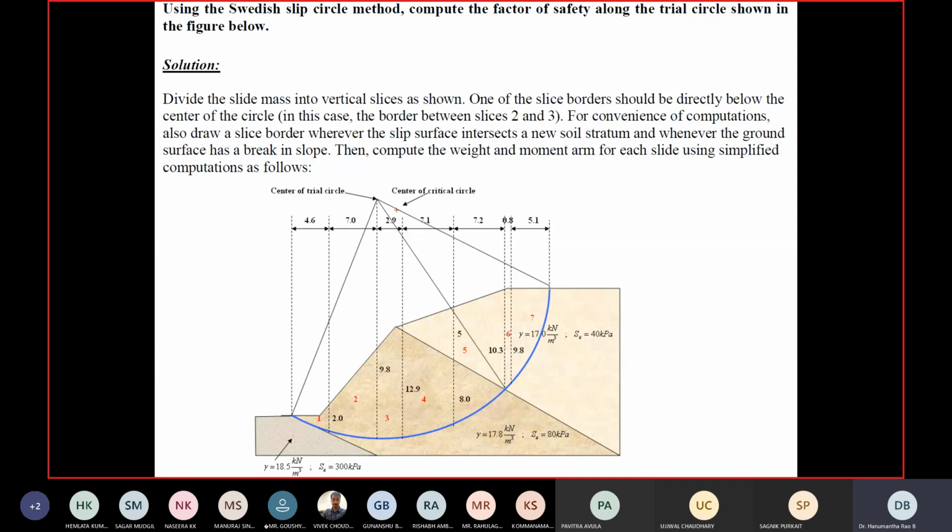Can anybody justify which of the methods we have discussed so far is the most ideal for determining the factor of safety of this slope, and why? Anyone?